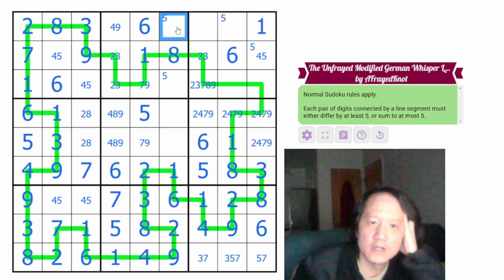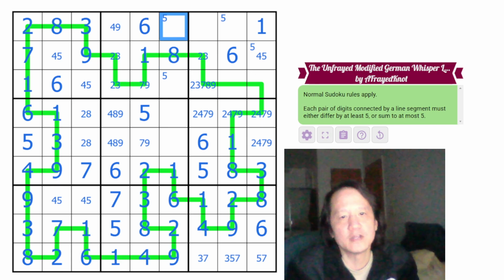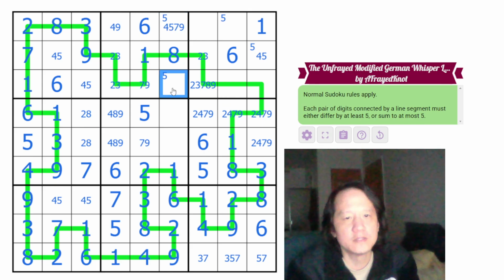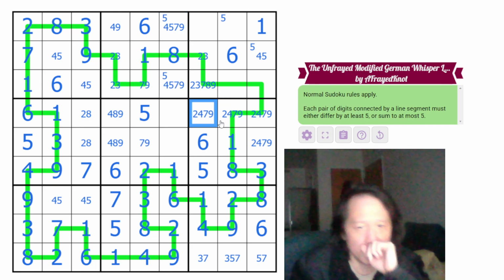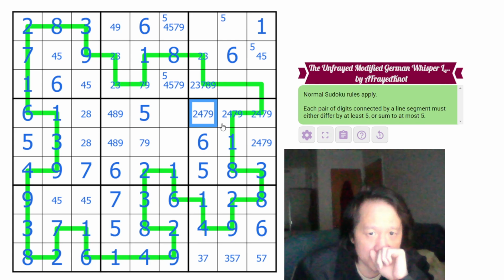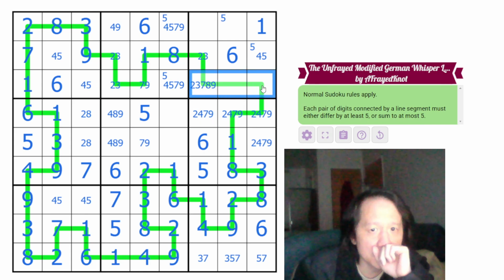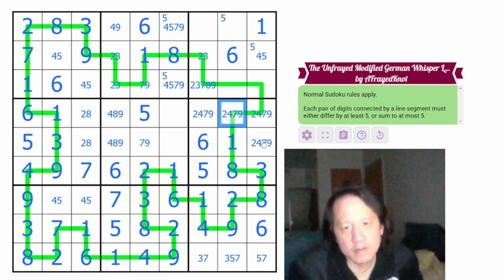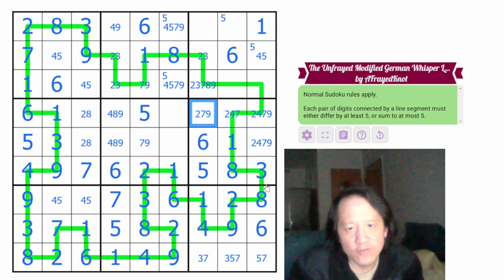We have what's left here: 4, 5, 7, 9. And this is 4, 5, 7, 9.